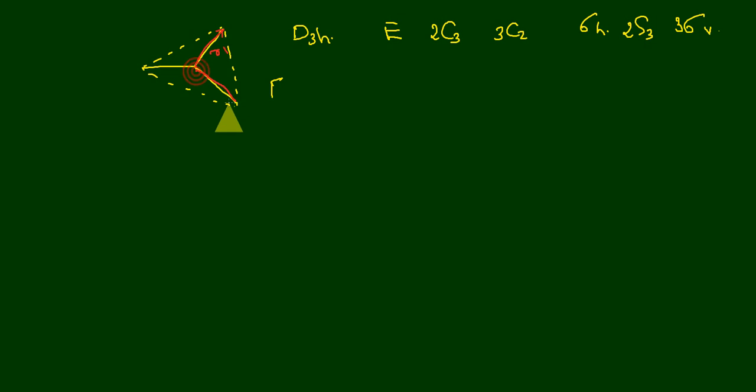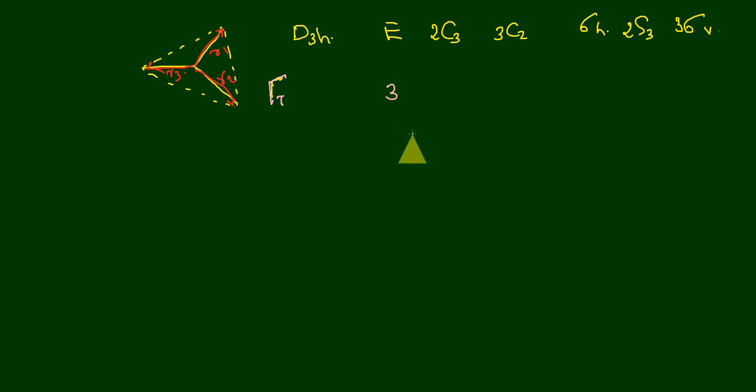This is another bond, R2, and this is another bond, R3. So 3 bond vectors are there, R1, R2 and R3. And what will be the total character corresponding to E? In the case of E, all 3 vectors retain their position. Therefore, in the case of E, the total character will be 3.